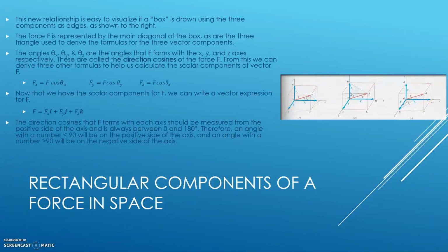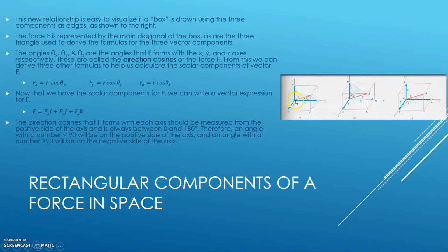Okay, so this new relationship, sometimes it's easier to see if we put it in a box. Our three components are just the edges. If we had F sub z, there is one side of our box, F sub x is another side of our box, and F sub y is another side of our box.